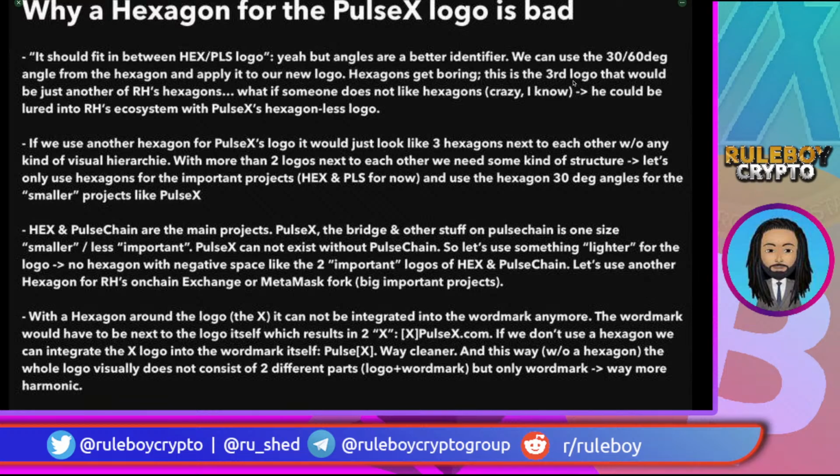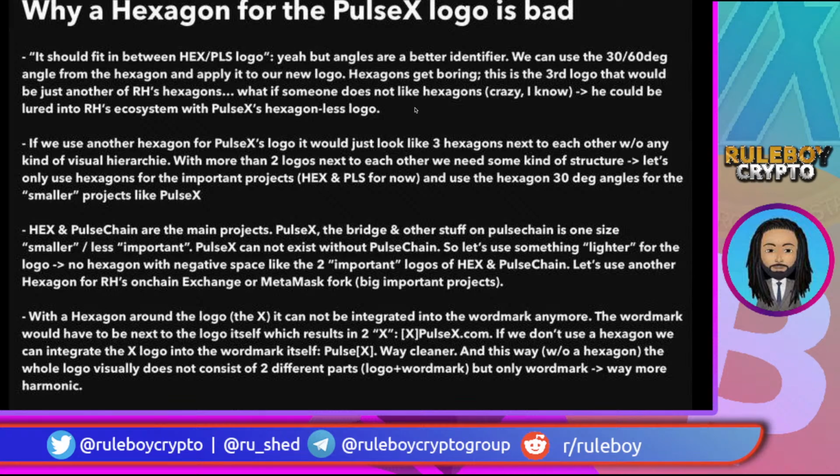This would be the third logo that is just another of Richard Hart's hexagons. So what if someone does not like the hexagon? Crazy, I know, right? He could be lured into the Richard Hart ecosystem with the PulseX logo and hexagon logo.